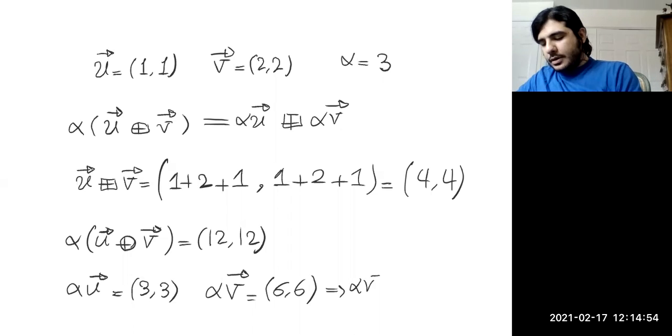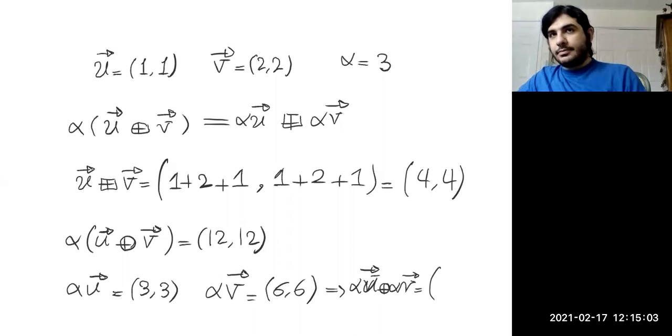Alpha u plus alpha v is equal to 3 plus 6, which is 9, plus 1 is 10.